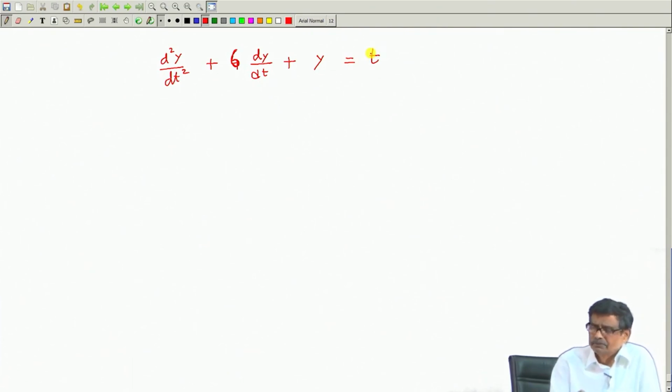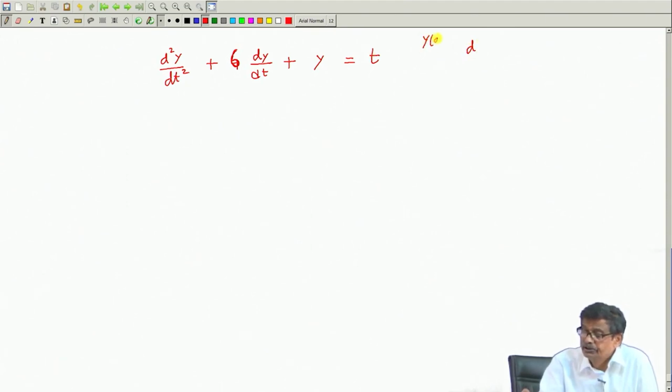Let us not bother. This is the thing: a second order differential equation is given, and it is also given that y(0) is 0. All initial conditions relaxed means the initial conditions you need are all set to 0 when you want to solve. You want the solution for t greater than or equal to 0, and these are the two boundary conditions given.